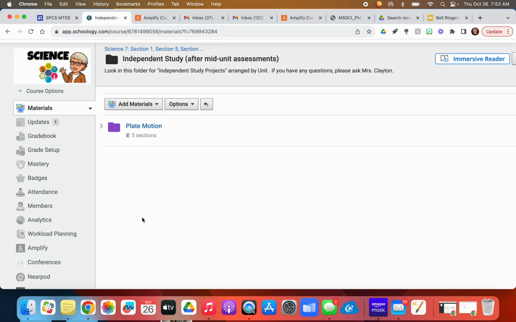There's some way that I have assigned individual students only to be able to work on this, so it's not confusing for everybody else. And so basically, if you can't work on it, that means that you still need to continue with plate motion, and there are still some concepts that you need to grasp.